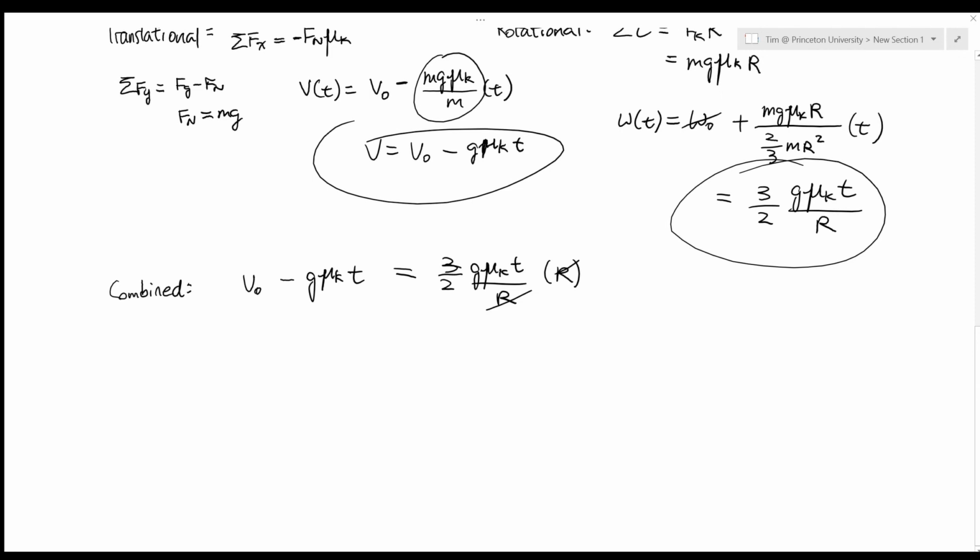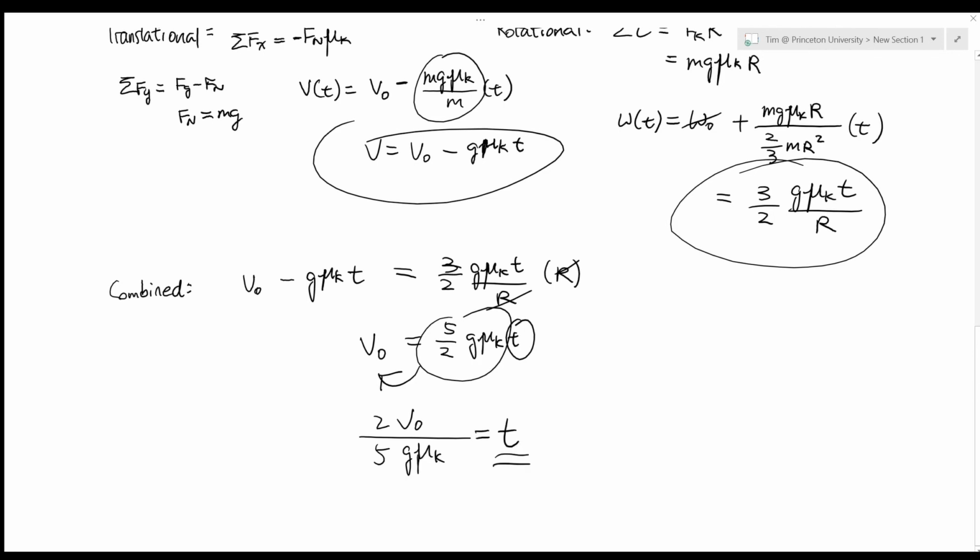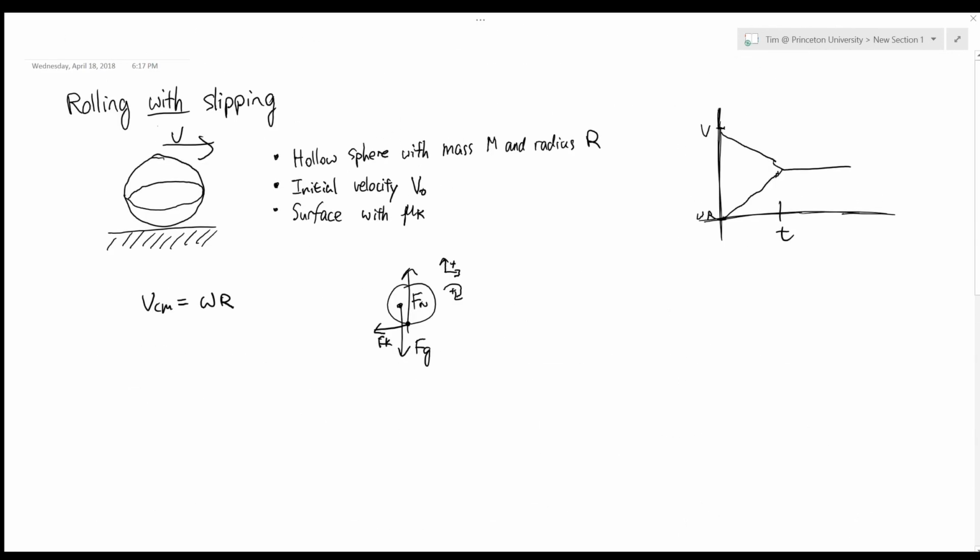Now the r's cancel out, we move that around. V naught is equal to 5/2 g mu k t. We're solving for t, which means that we move this down here. We get 2/5 v naught over g mu k is equal to t. And now we found t at this point where the rolling with slipping problem becomes a rolling without slipping problem.